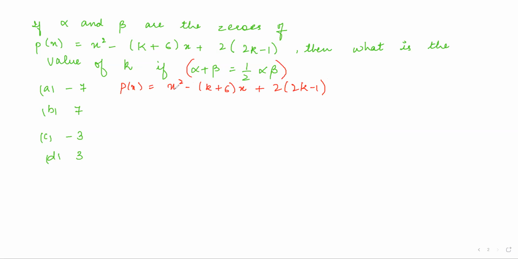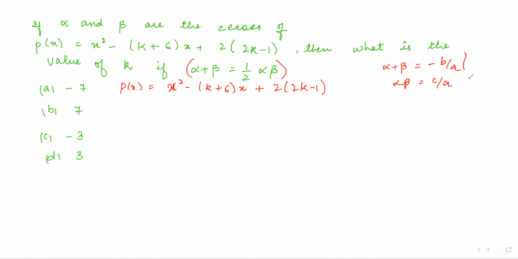Now, what you have learned in the chapter, Abdullah, first of all, recall that. The first exercise is about the graph, so whenever you get a graph question, that is from the first exercise. Now you come to the second exercise. There were only two things which you studied. One was that alpha plus beta is equal to minus b by a, alpha beta is equal to c by a.